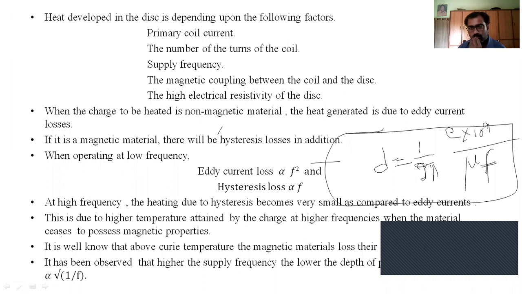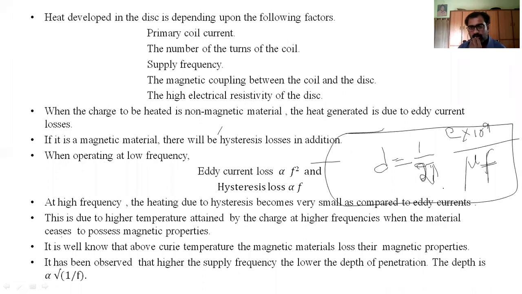So this is 1 by 2 pi under the root of rho into 10 power 9 by mu f. Here d is the depth, rho is the electrical resistivity of your material, mu is the permeability of your material, and f is the supply frequency, where the resistivity is constant.